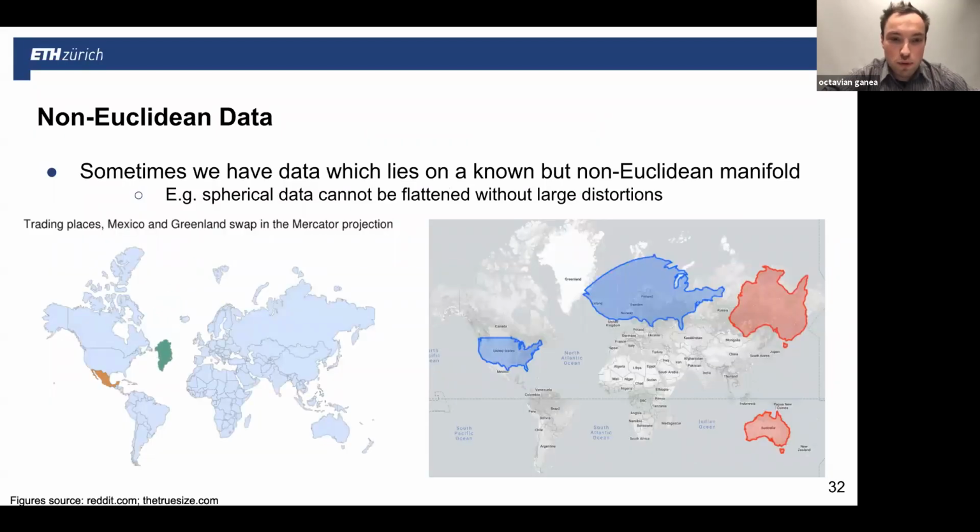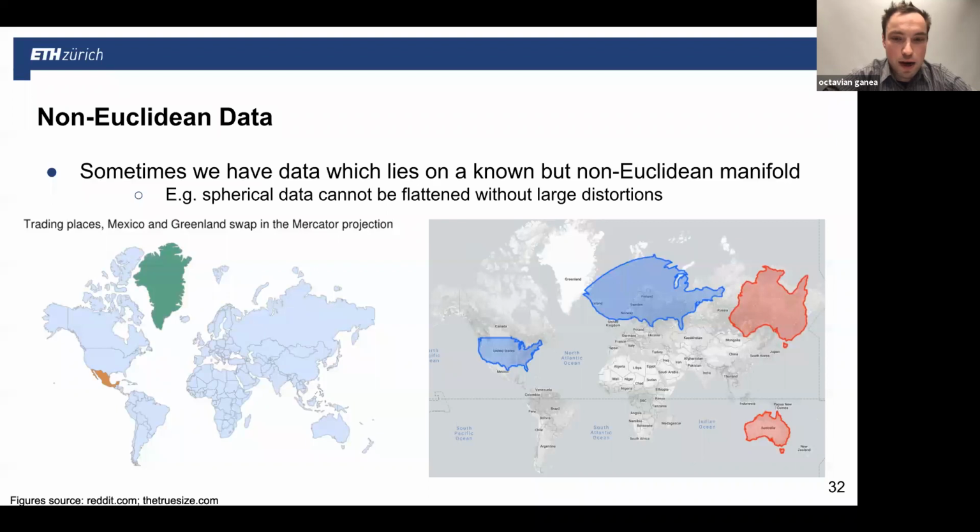To give you another intuition, sometimes we have to deal with data that's known not to lie in a Euclidean manifold. One example is spherical data. We cannot take a sphere and completely flatten it onto a flat sheet of paper without large distortion.